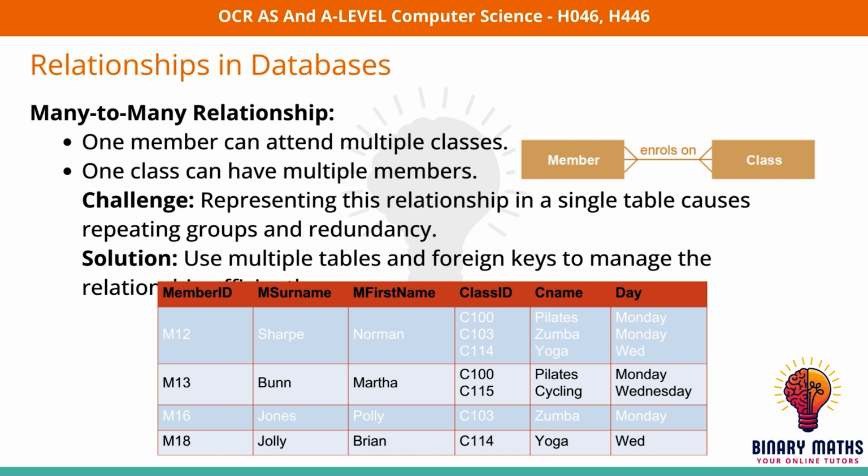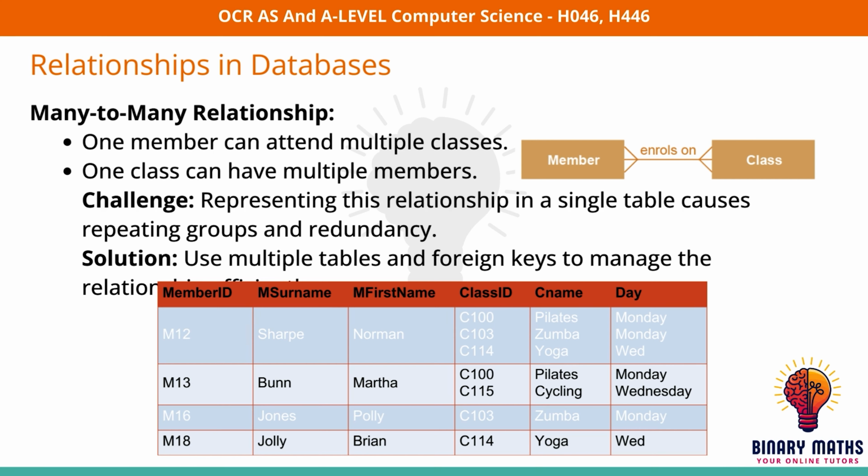In databases, relationships between entities are crucial. In our gym example, the relationship between members and classes is many-to-many. This means one member can attend multiple classes, and one class can have multiple members.